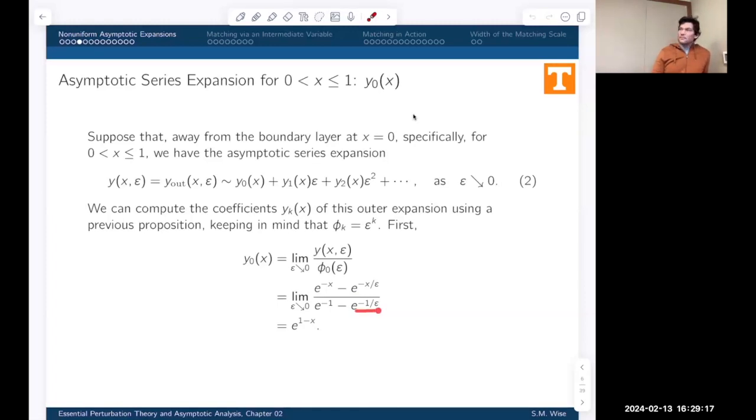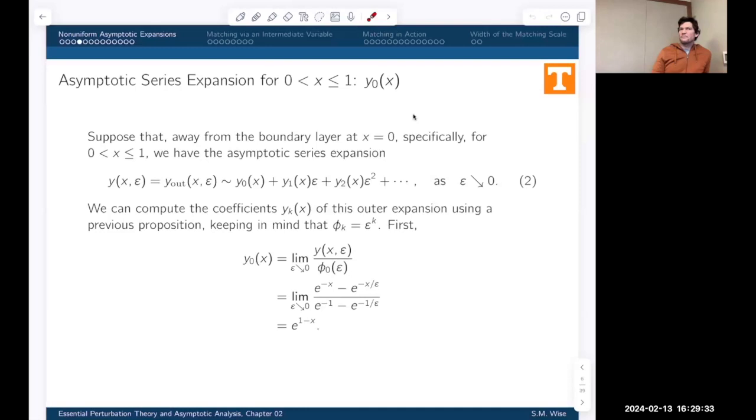Same here, transcendentally small. And so this converges to e to the minus x over e to the minus 1, which is the same as e to the 1 minus x. So that's what y0 of x is.